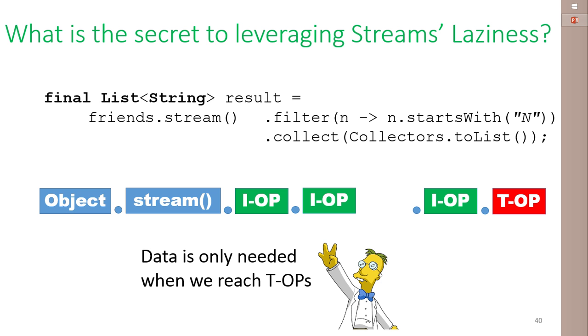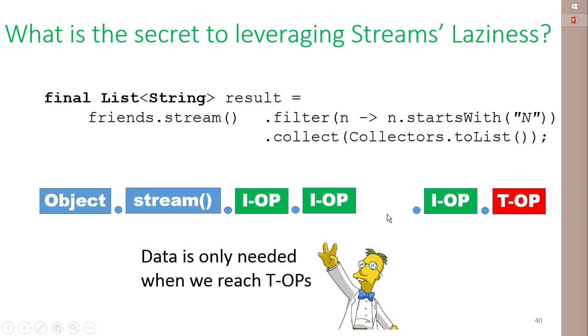The key to leveraging the stream's laziness is that you start with an object, you generate your stream from it, then you have a bunch of intermediary operations, and those operations are quite lazy in the sense that they are not applied immediately, but only when the terminal operation of your stream actually requires a new element.